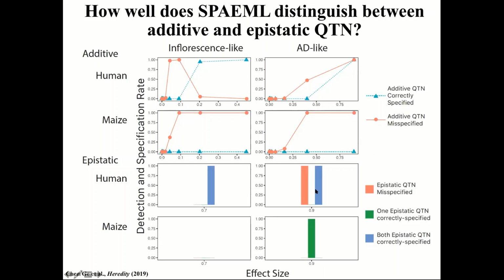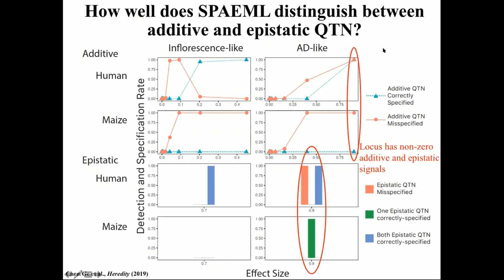For the human data set, when we simulate the epistatic QTN, we see that spamel is capable of correctly identifying both loci contributing to the epistatic QTN and correctly calling it epistatic, not so much from the maize data.